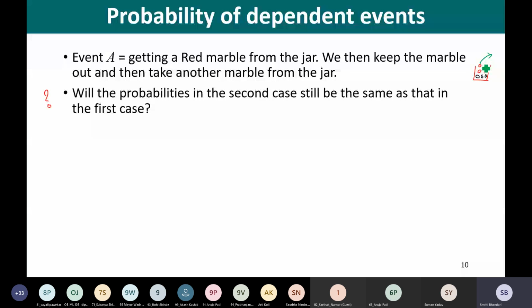Now, this red marble that we have drawn from the jar, we are keeping it aside. We are not replacing it. So if we are not replacing it, then next time what would be in my jar? I'll have 3 red marbles and 3 black marbles.